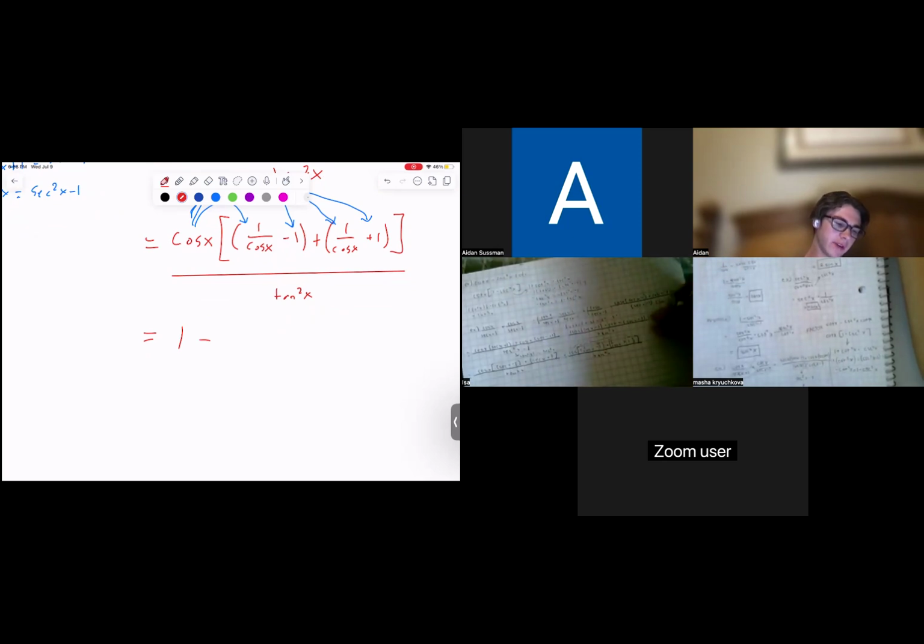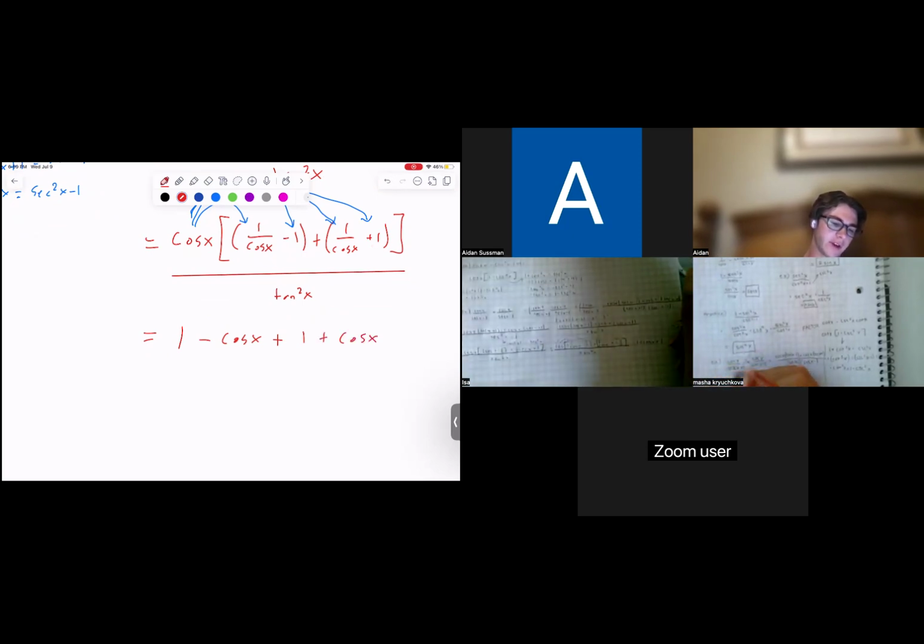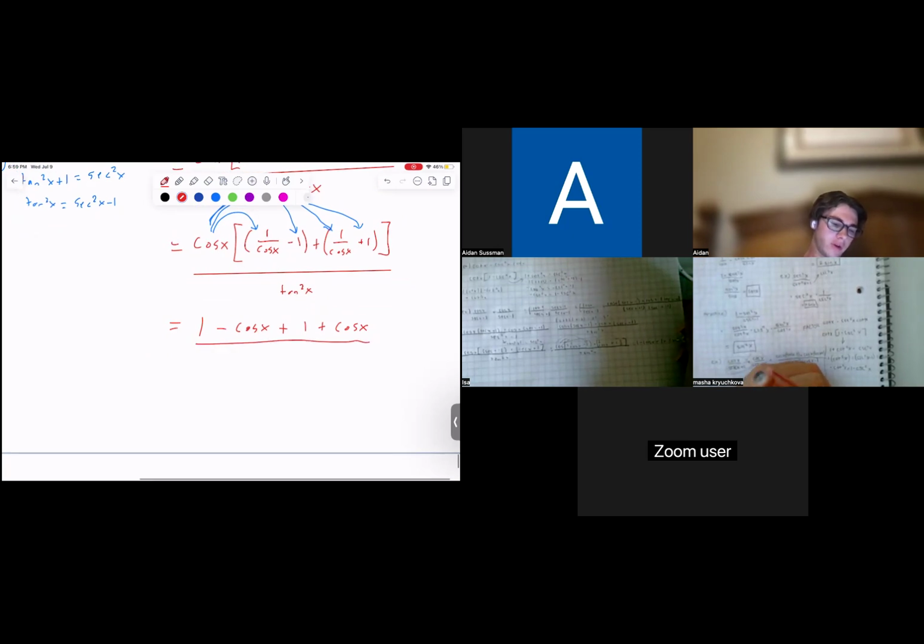So that's 1 minus, well, this guy times 1, this is cosine of x. Plus, well, this guy times that guy, that's just 1 again. And this guy times that guy, that's just cosine of x. All over tangent squared of x.